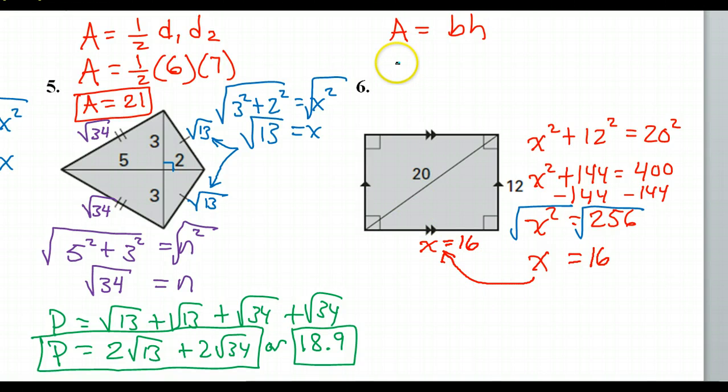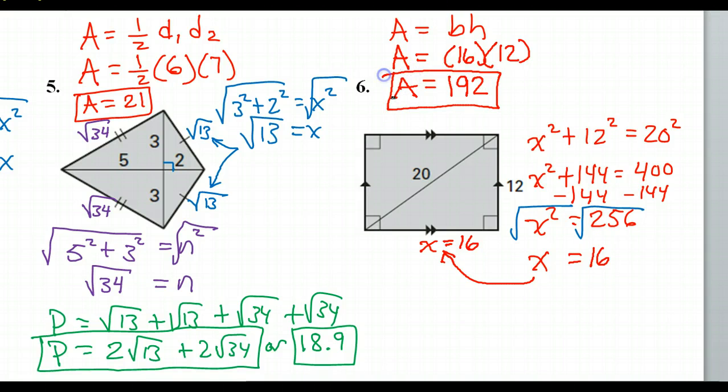So now I can do the area. So the area is just base times height. So that's just going to be 16 times 12. So 192. Okay, so that'll be the area.